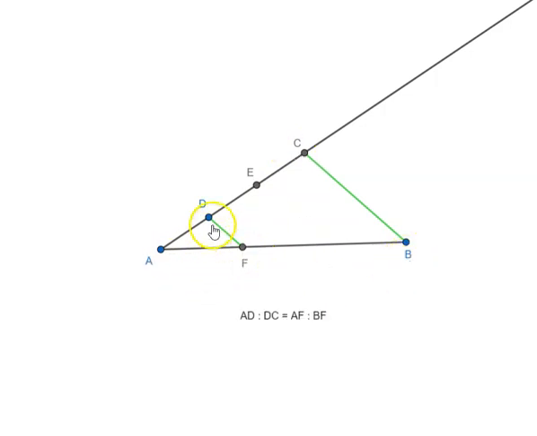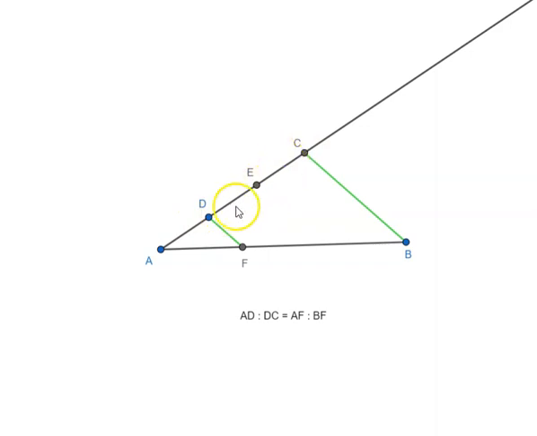We know that. Now we know that this is one part and this is three parts, or rather AC is 3 times AD. Since we are talking of AD is to DC, this is one part and this DC is two parts.